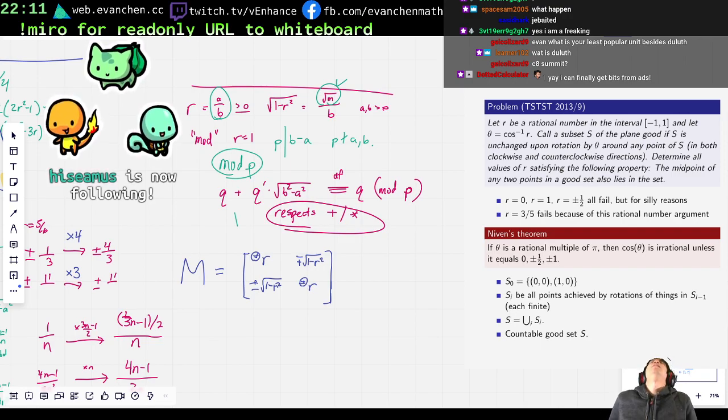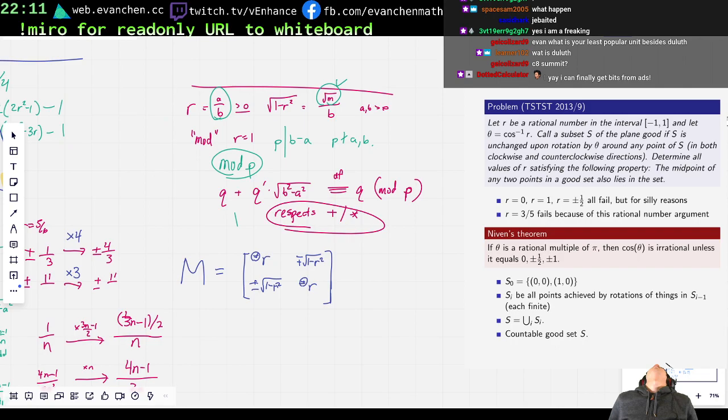Oh no, what did I mess up? Okay, I'm gonna write these points explicitly so I can try to figure out what I screwed up, in the -1 +1 coordinate system.